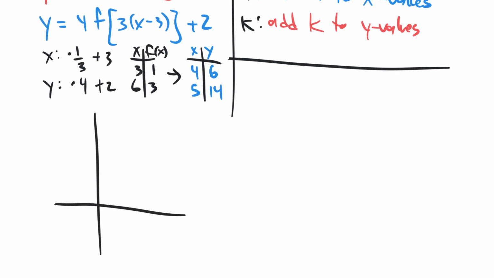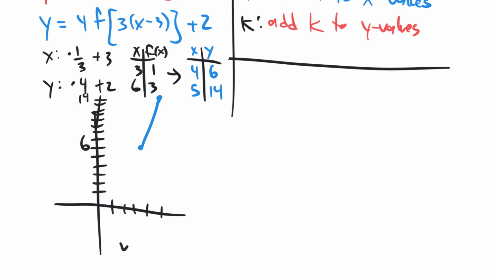So we got 1, 2, 3, 4, 5. 1, 2, 3, 4, 5, 6, 7, 8, 9, 10, 11, 12, 13, 14. Just gets a little crazy up there. So we got 4 and 6. Let's do this in blue. 4 and 6, 5 and 14. And there's our new graph.